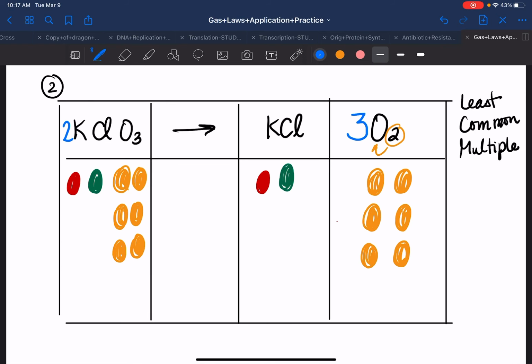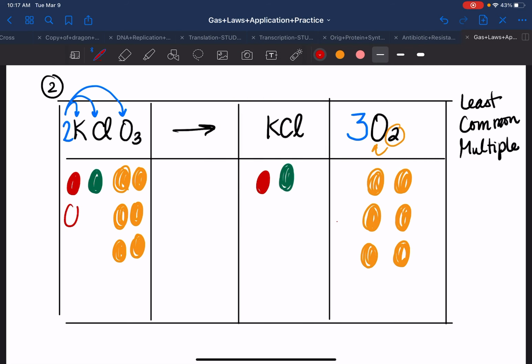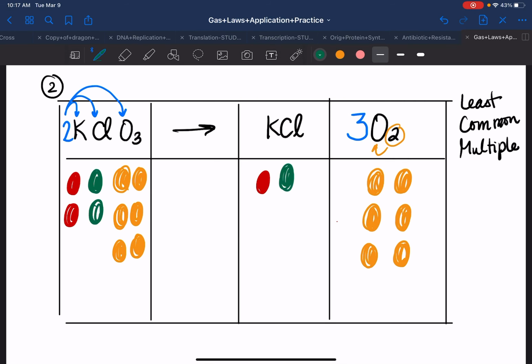Now the thing with the coefficients, the blue numbers, is they apply to every single element in the formula, which means this 2 applies to the K, applies to the Cl, applies to the O3. So the O3 again makes 6 oxygens, but now we have a problem, because now we have 2 Ks because of the coefficient, and we also have 2 Cl's.